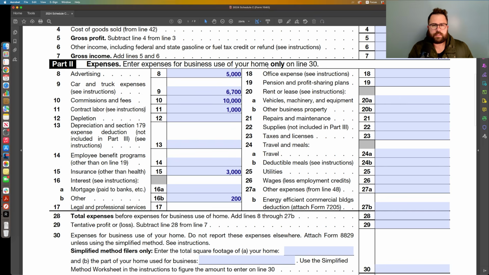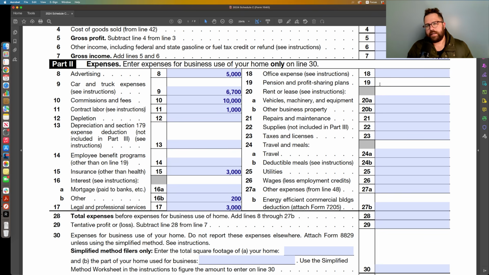Legal and professional services, right? These are your accounting fees, tax rep fees, lawyer fees, things like that. I don't know, $3,000, let's say. Office expense: paper, ink, maybe stuff for the employees, birthday, kind of casual type stuff, right?